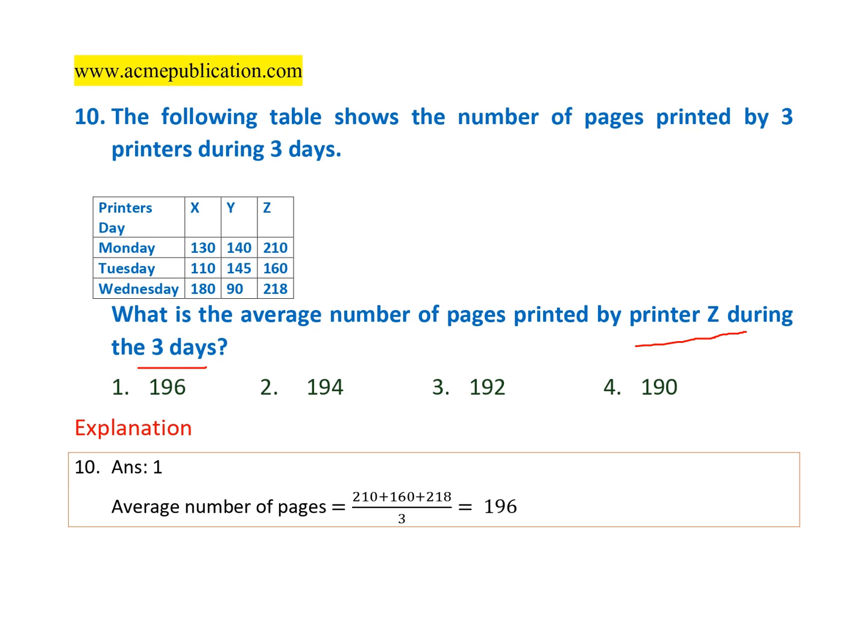So, to get the average page printed by Z during 3 days, we add all 3 days values of these, which are 210, 160 and 218. Then we divide the sum by 3, and doing so we get the answer, which is 196.